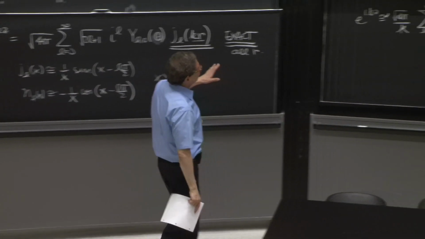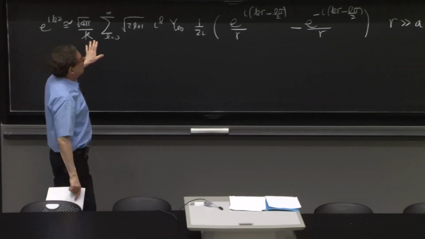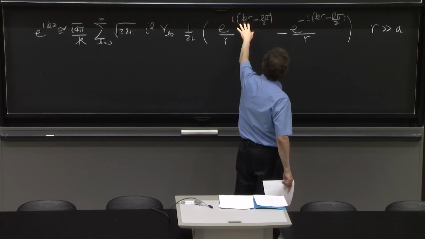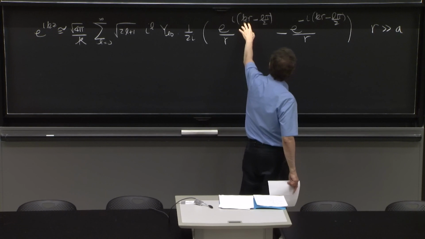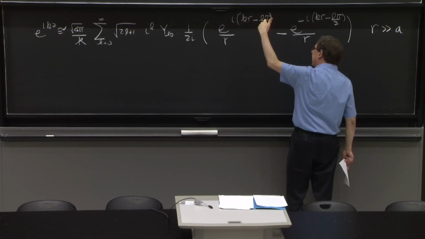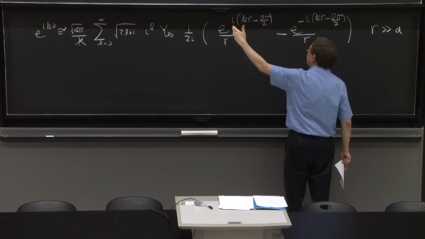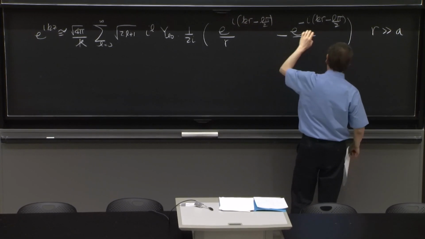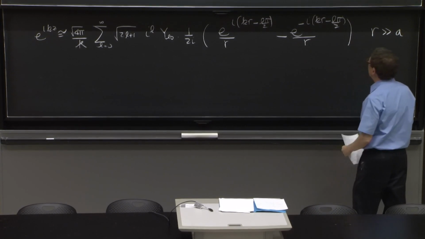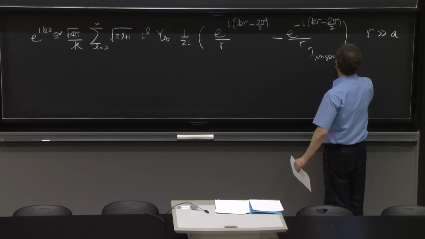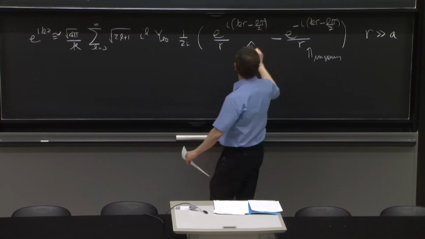That equation is showing you that you have here an outgoing wave, because it's e to the ikr times e to the minus iEt, the energy times time. So that's an outgoing wave. This is an ingoing wave. So this is ingoing, and this is outgoing.